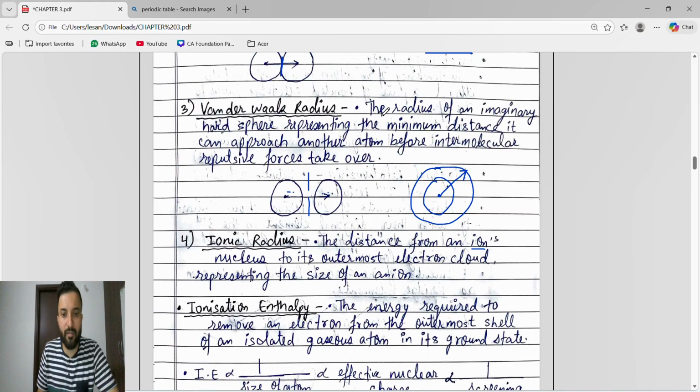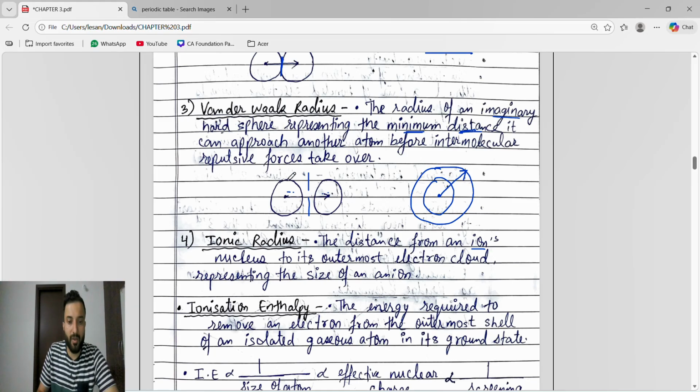Now van der Waals radius means the radius of an imaginary hard sphere. Why imaginary? Because they are not very close to each other, they are far apart. It is the radius of an imaginary hard sphere representing the minimum distance it can approach another atom before intermolecular repulsive forces take over.